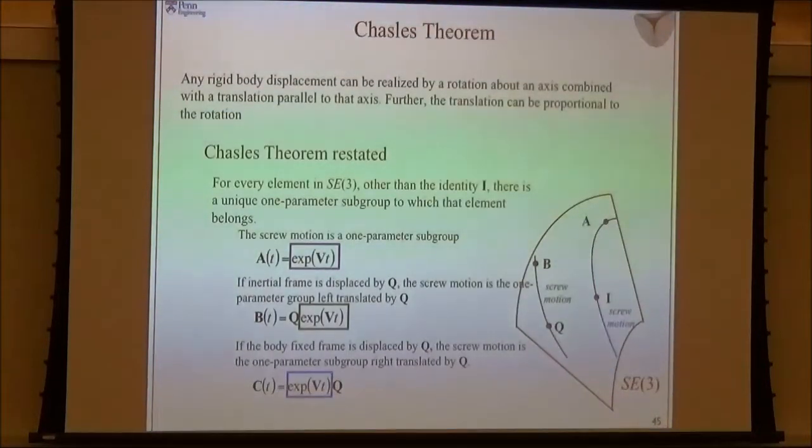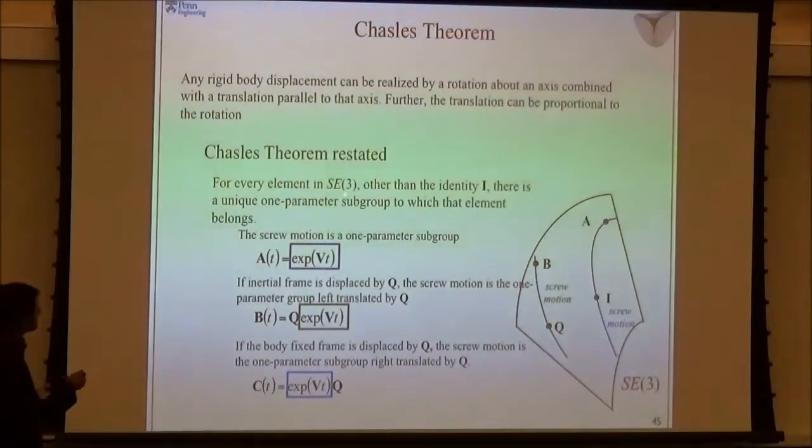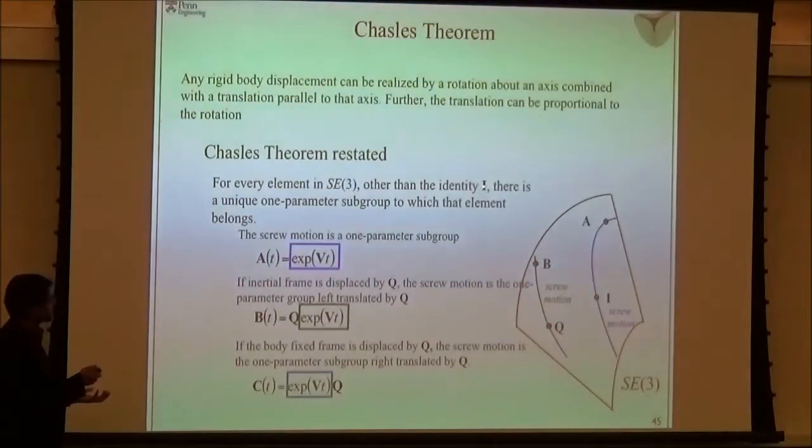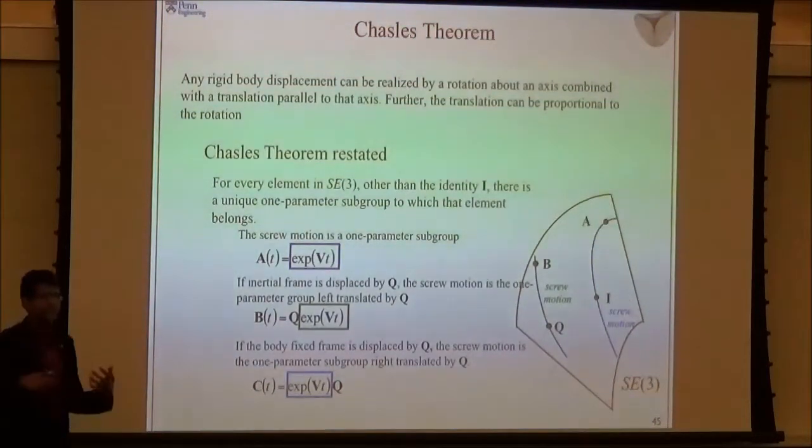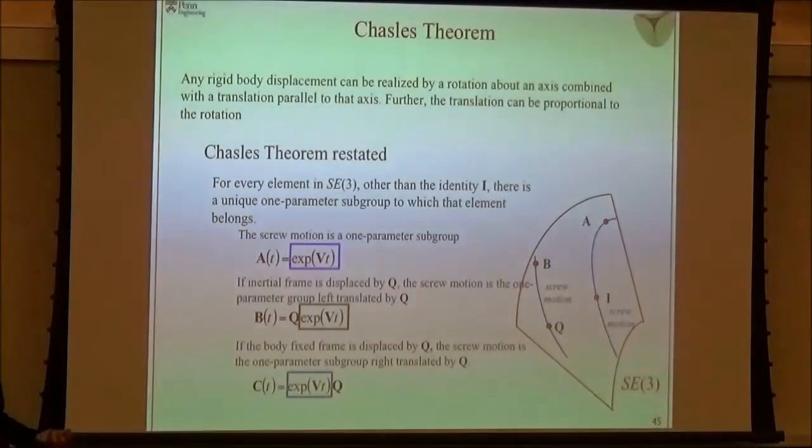There's this well-known theorem, which I'm sure somebody mentioned, but I didn't hear it mentioned in the last two talks when I was here. It says that for every element in SE3, other than the identity, there's a unique one-parameter subgroup to which that element belongs. This is how you would state it in the context of Lie groups. Of course, Shaw stated it differently.